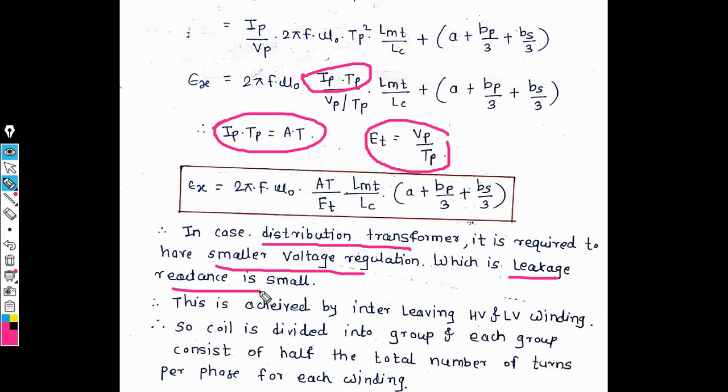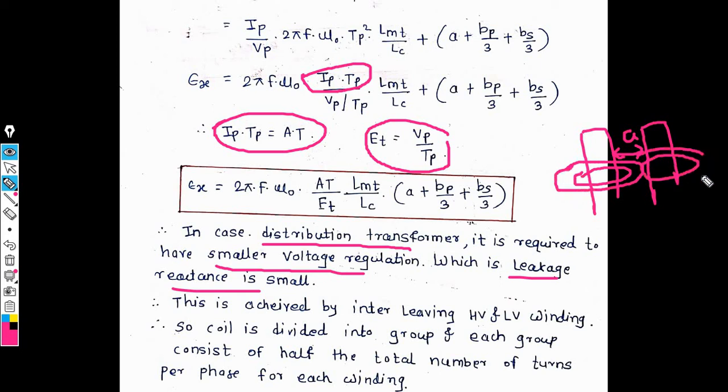Considering the LV winding and HV winding, this is the core of the transformer. This is the duct portion, that is the gap between two cores. This is the LV winding and surrounding it the HV winding, and this is similar for the LV winding and HV winding.